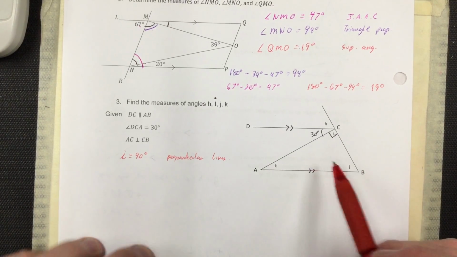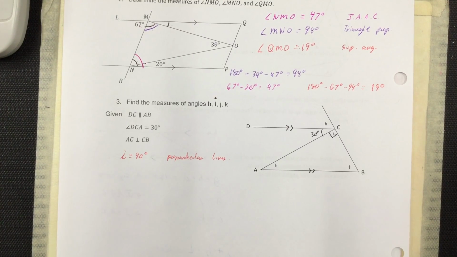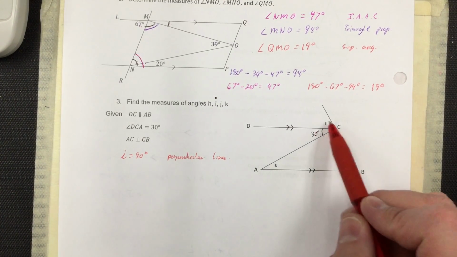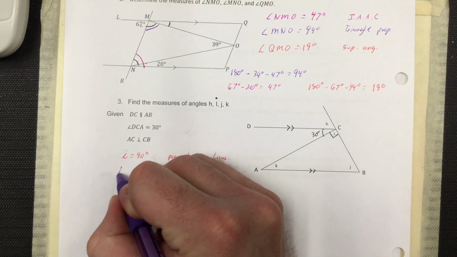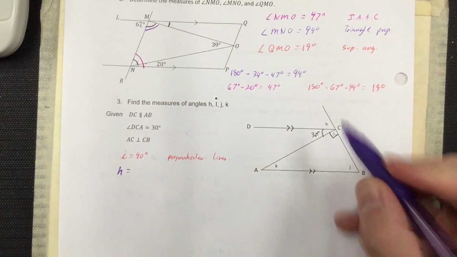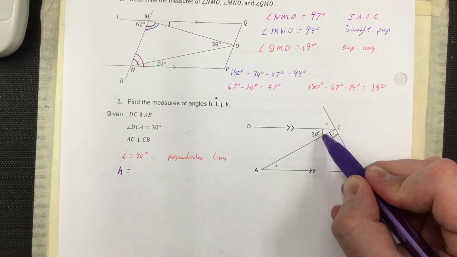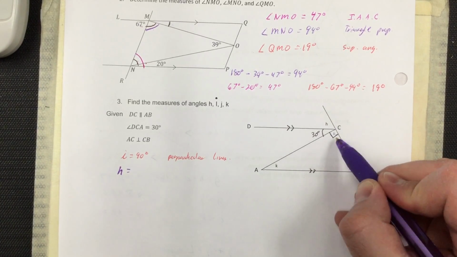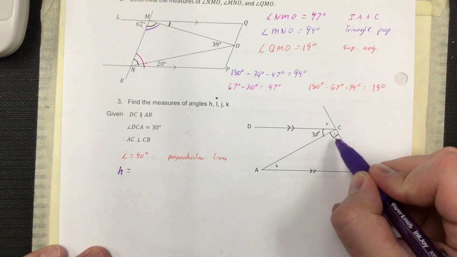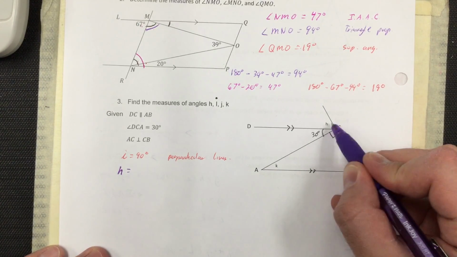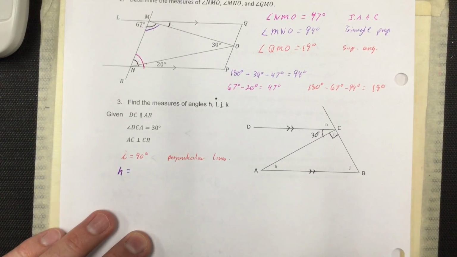Now, we can solve any number of these as we go, but let's solve for H first. I'm going to use a different color pen here. So let's look at H. We know that H and 30 and I are all supplementary angles. Given that I is 90 degrees, these two have to be complementary angles. We can actually put that in there.